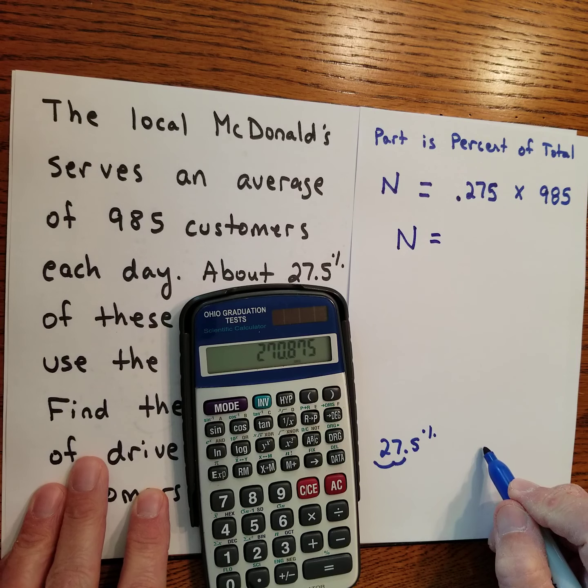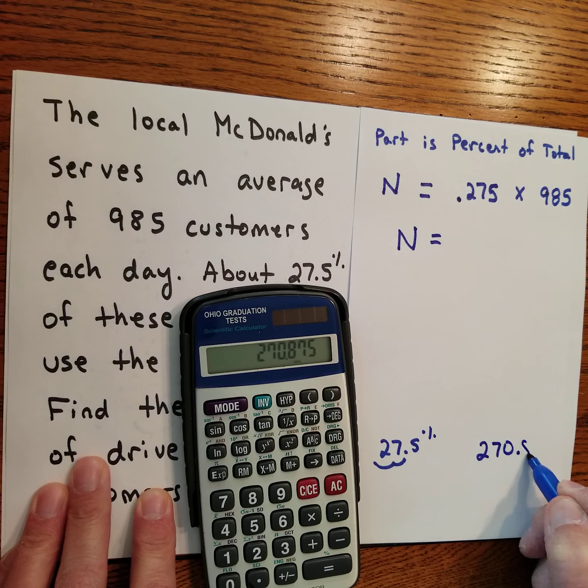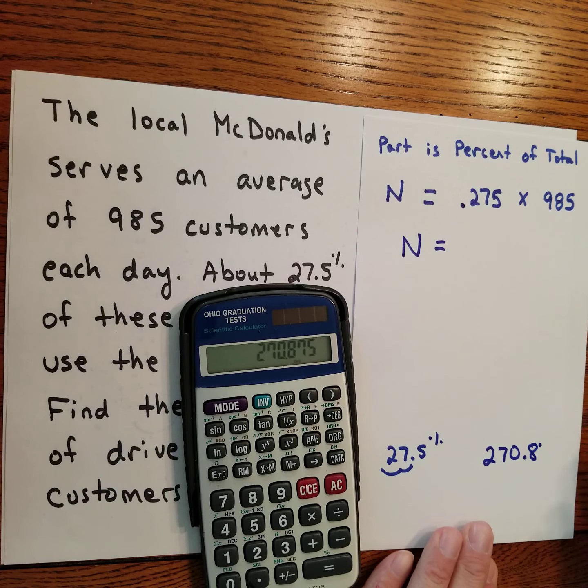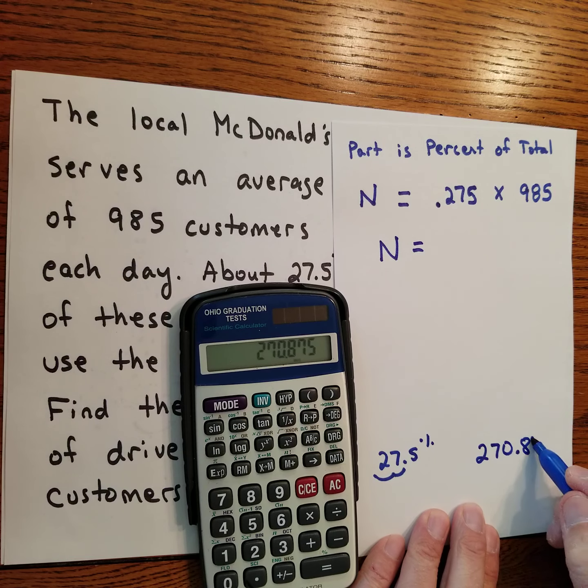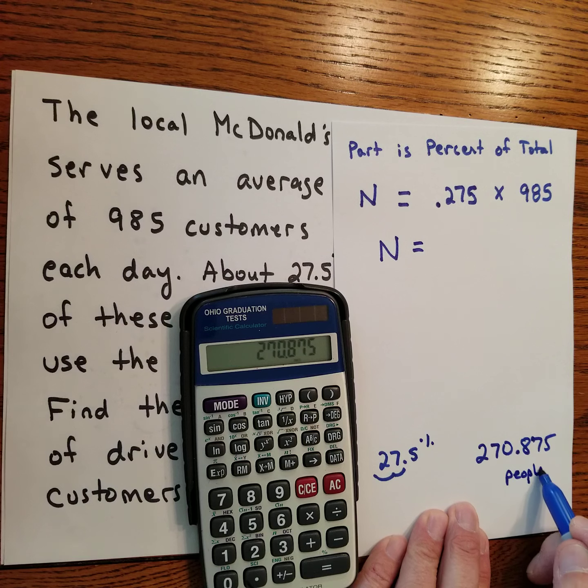And my calculator gives me an answer of 270.875. That's 270.875 people or customers. Let's round that off to the nearest customer. Since this number is large, we'll round this up to 271.